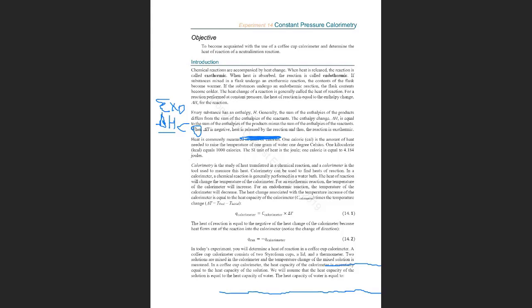The heat of the reaction, whatever you have in the neutralization reaction, is exactly the same as the heat that the solution absorbs. The only difference is the sign.